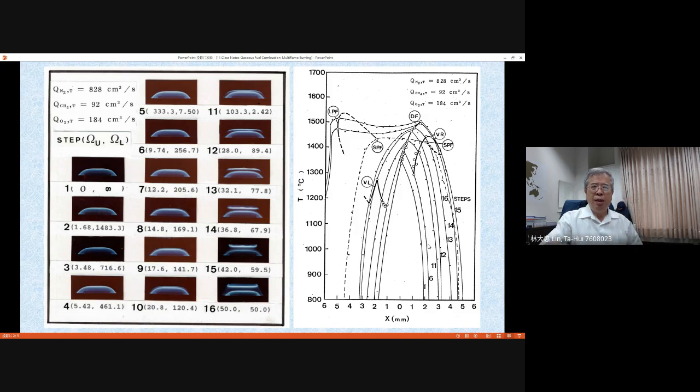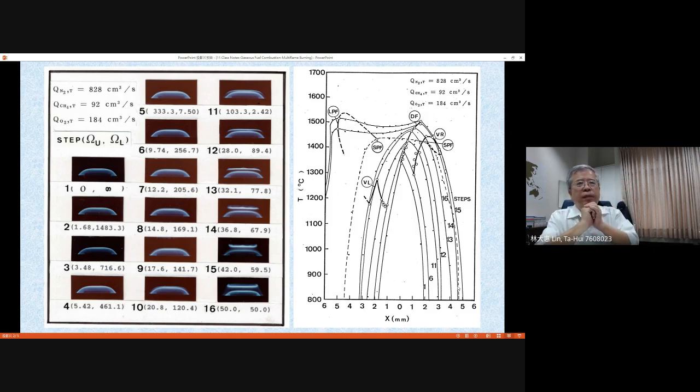Surprisingly, if you look at the overall heat release based on the temperature distribution, all the temperature distributions give you a larger high temperature region, which means you release a large amount of heat compared with the initial conditions, because that temperature profile is narrow. Okay, and when you go back to stoichiometry, still you do not have the largest high temperature region.